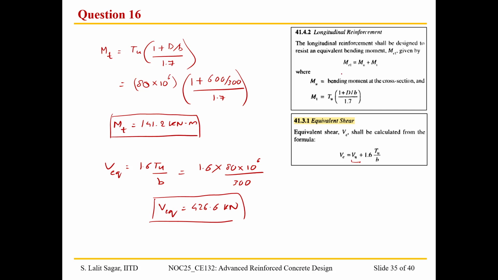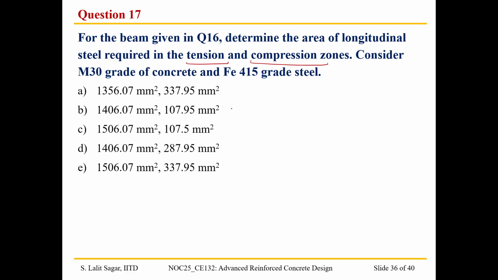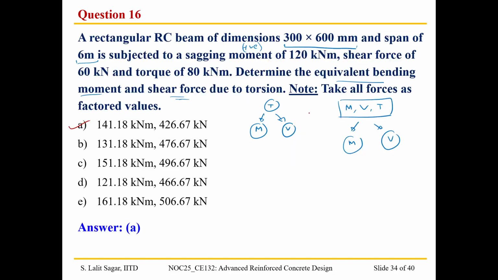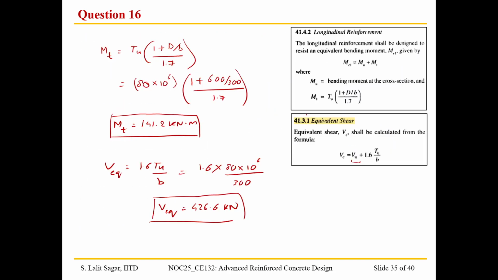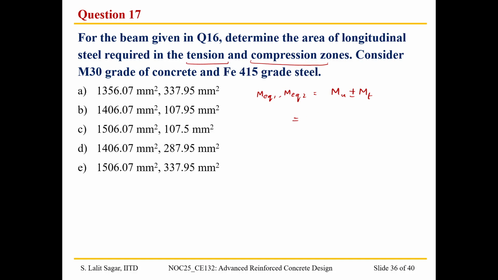We know that MEQ is MU plus or minus MT. MEQ1 and MEQ2 are equal to MU plus or minus MT. MU is 120, plus or minus 141.2.